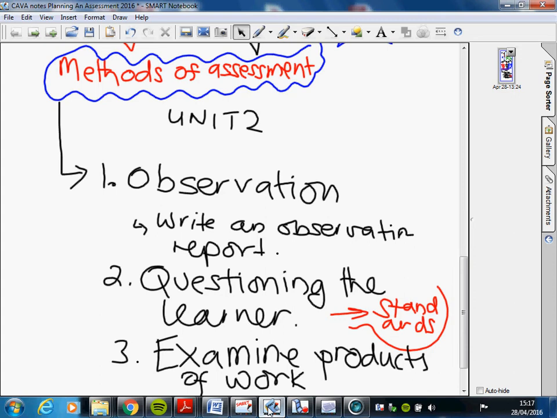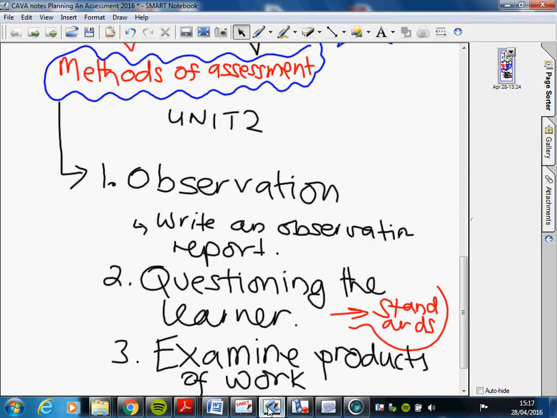When it's actually completed, you can bring that piece of evidence where you wrote your observation report, where you recorded the learner answering your questions, and how you observed or examined the product of work or service. So that's a piece of evidence. Once you do that, then you are fulfilled. There are many other assessment methods, but for this exercise, we require that you give us this as a minimum.